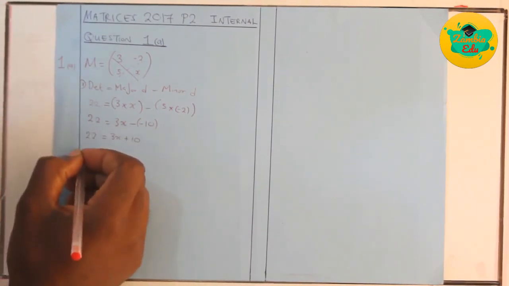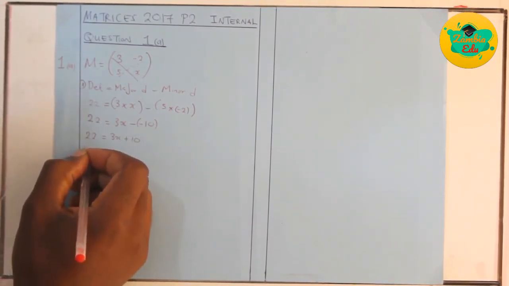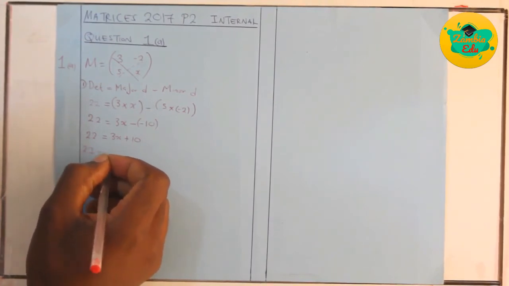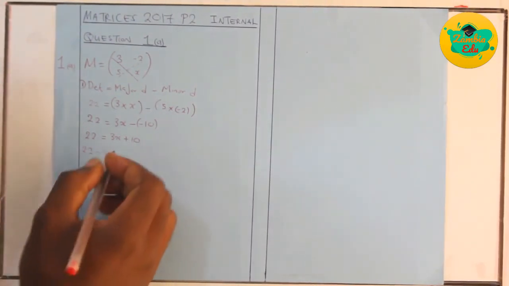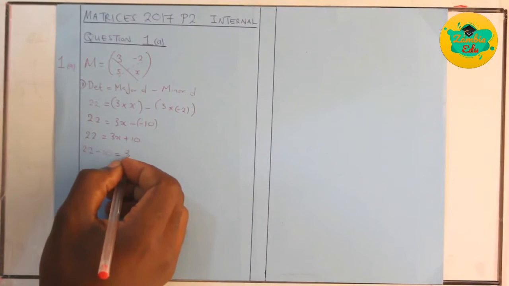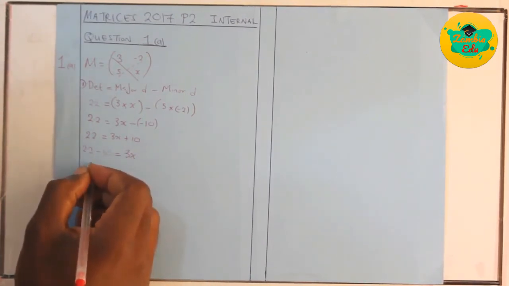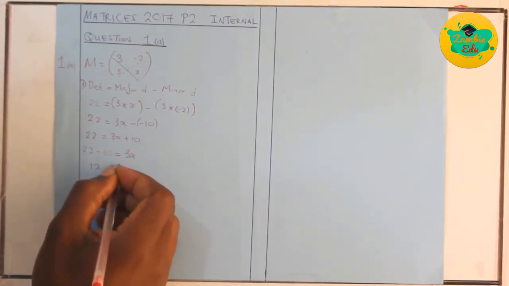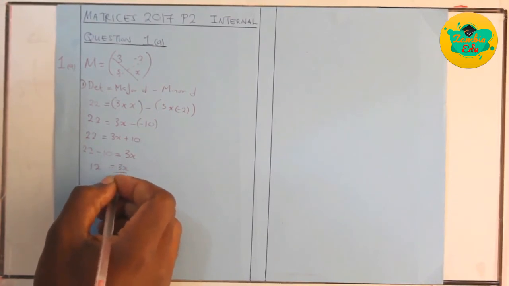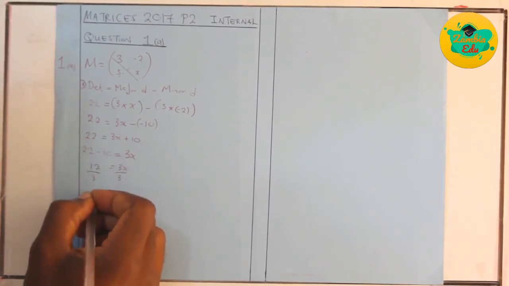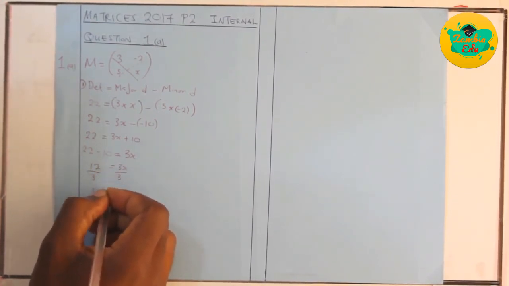Take this 10 to the other side. So looking at 22 minus 10 being equal to 3x. Subtract that, you have 12 being equal to 3x, over 3 over 3, you get 4 being equal to x alone there.